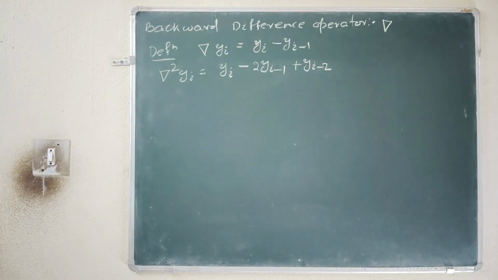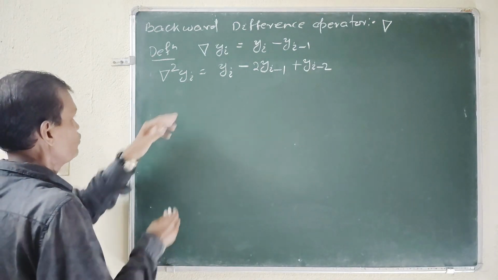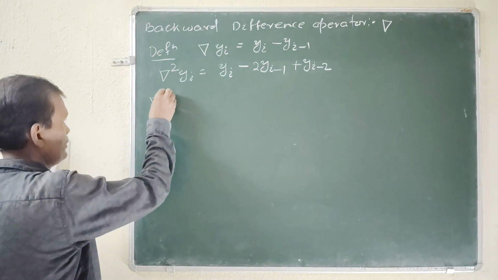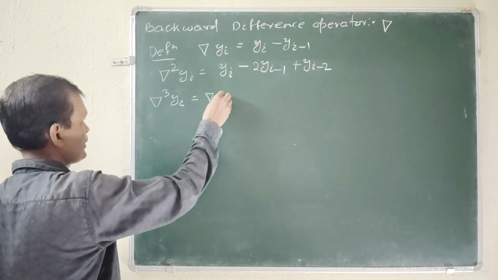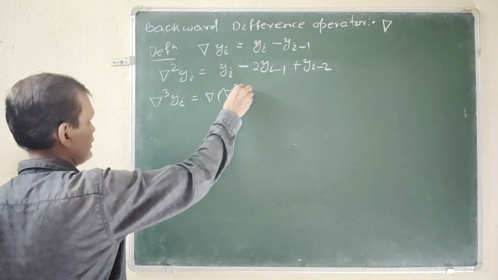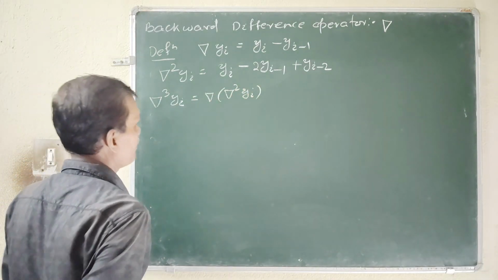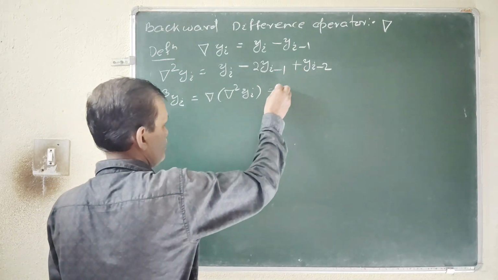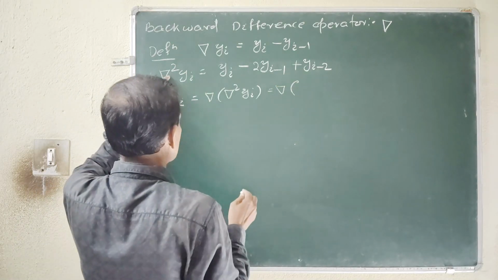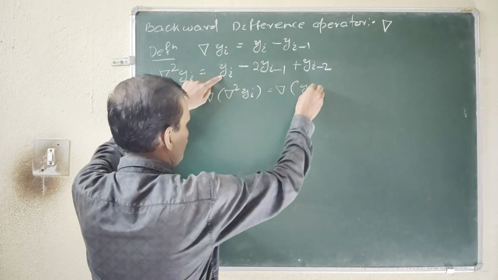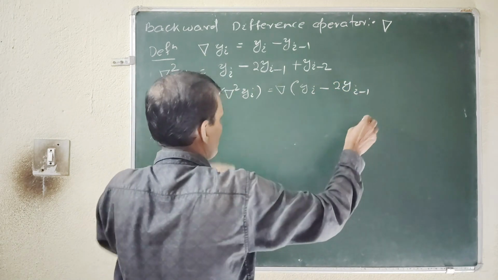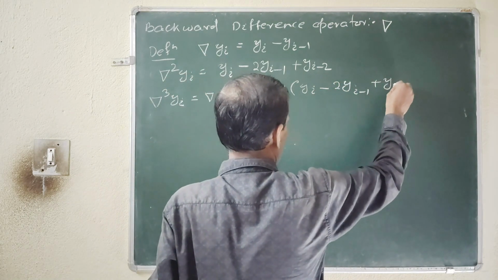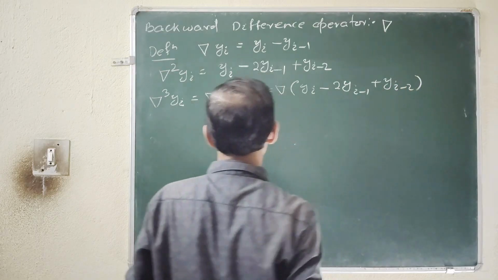Now we calculate backward delta cube yi. That is backward delta of backward delta square yi, which is backward delta of yi minus 2 yi minus 1 plus yi minus 2.